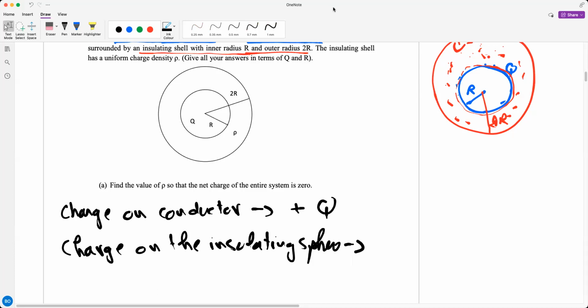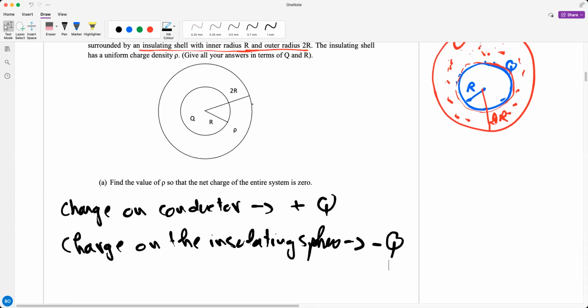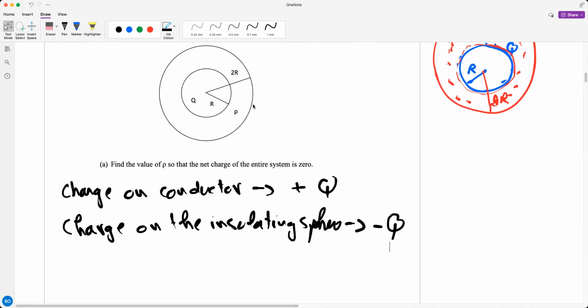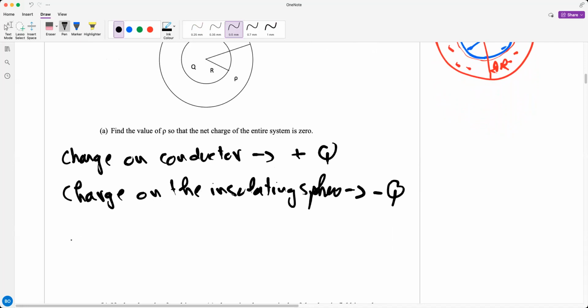Obviously, negative Q. Okay, so it's a negative Q. Well, now I know that the total charge on the insulating sphere is negative Q. So what is rho? Rho is the negative charge of the insulator divided by the volume of the shell.